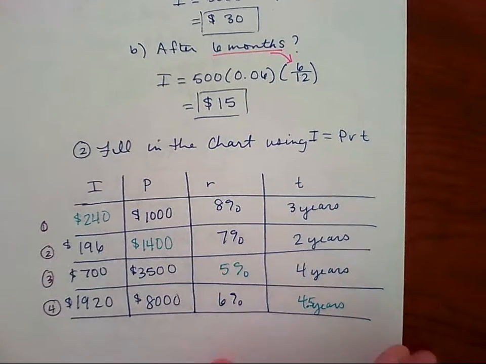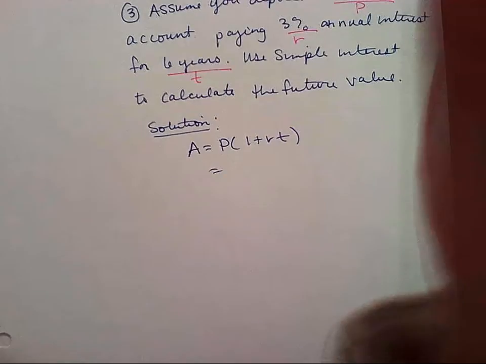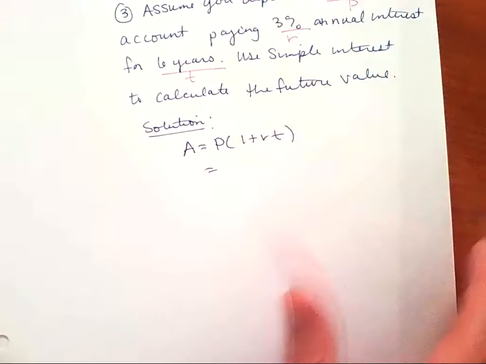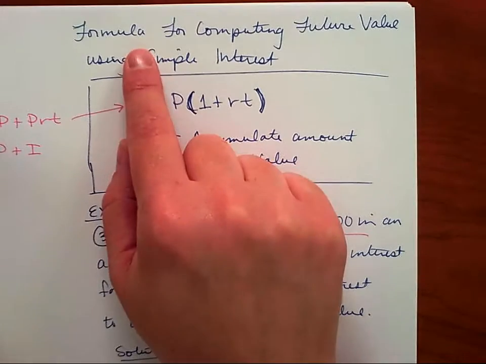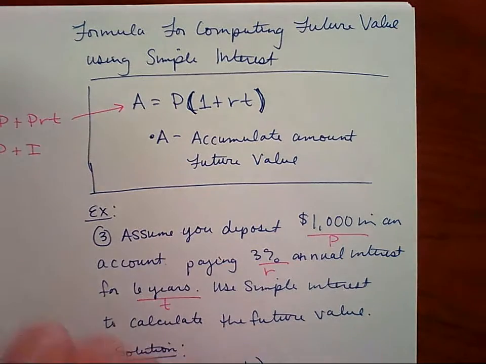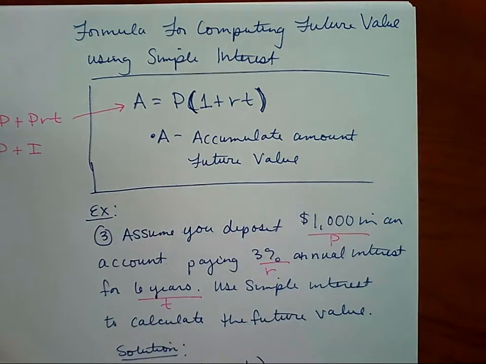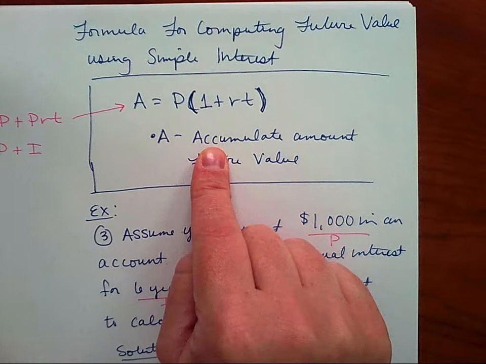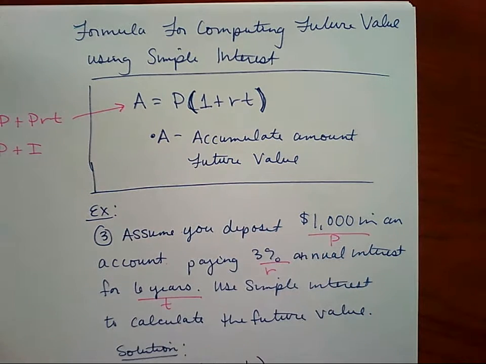So then we did a bunch of examples. And then we came up with another formula. This is the formula for computing future value using simple interest. A equals P times 1 plus RT, where A is the accumulated amount or the future value. We said the future value is your principal plus your interest, right?